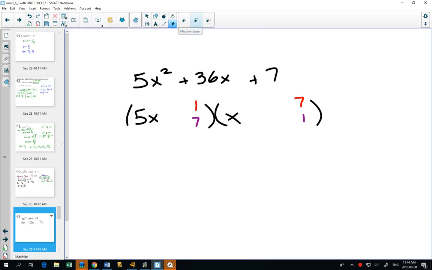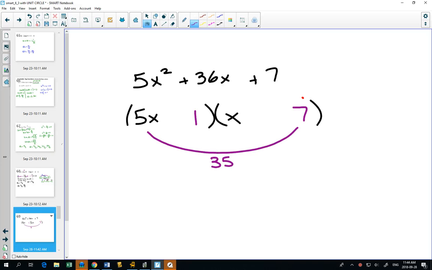So it has to be 7 and 1. Because now my outside here is 35x. My inside is 1x. They would both have to be positive to get positive 36x. Yes?